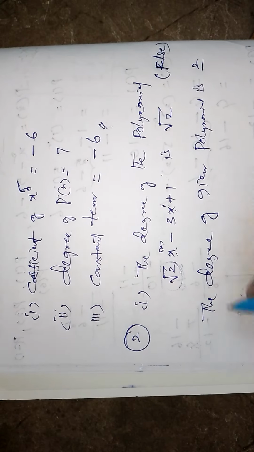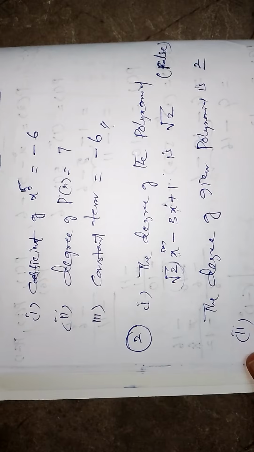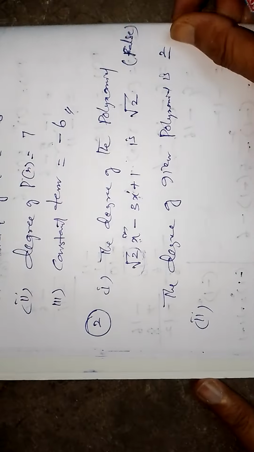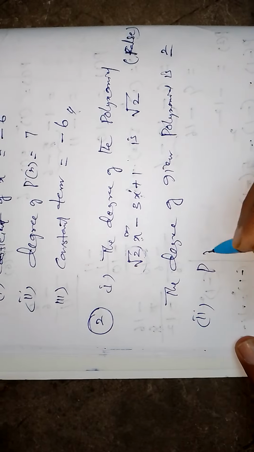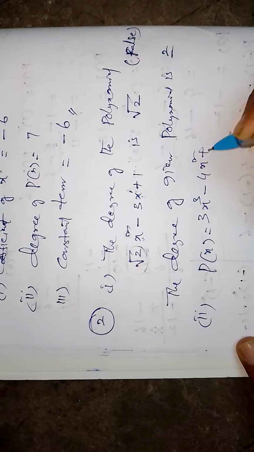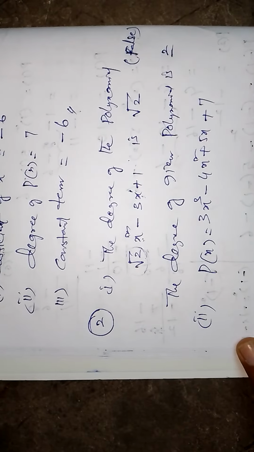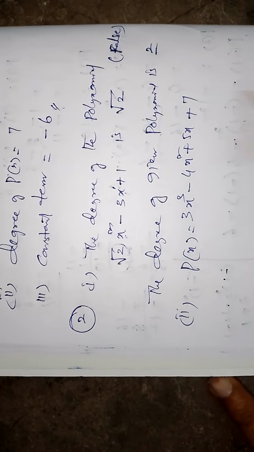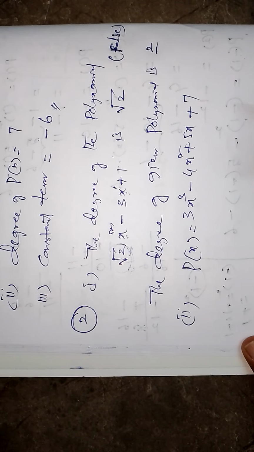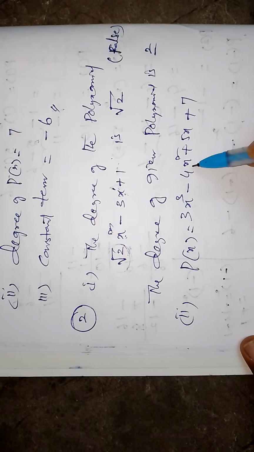Yeah, that is the reason. Next, the second statement is about the coefficient of x square. Here they give one polynomial p of x equals 3x cubed minus 4x square plus 5x plus 7. They say that the coefficient of x square of the polynomial is 2. What is the coefficient of x square?